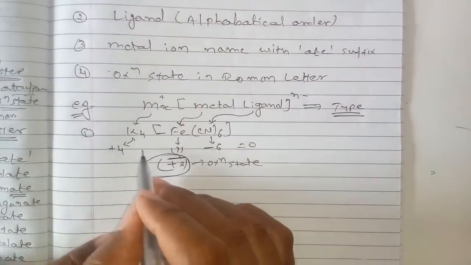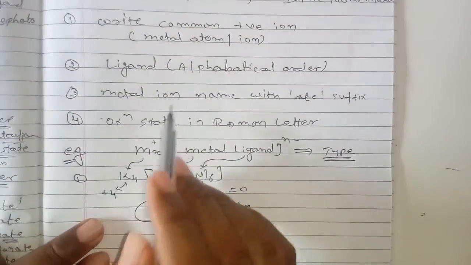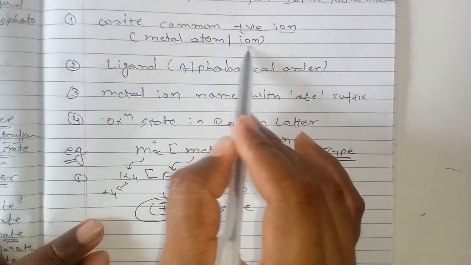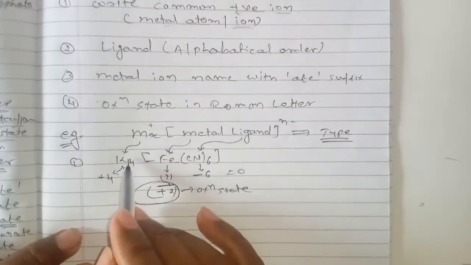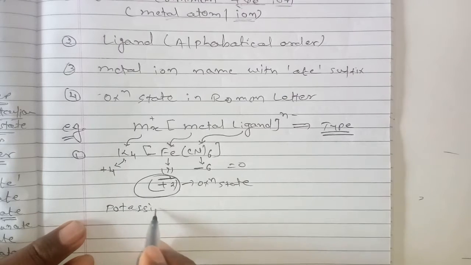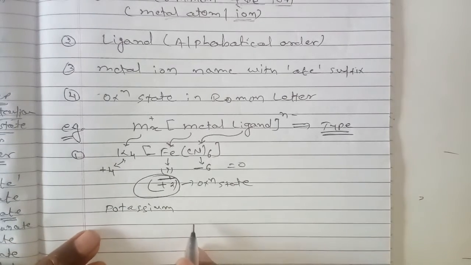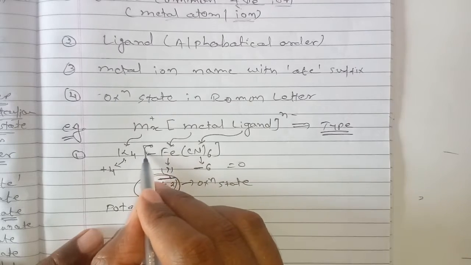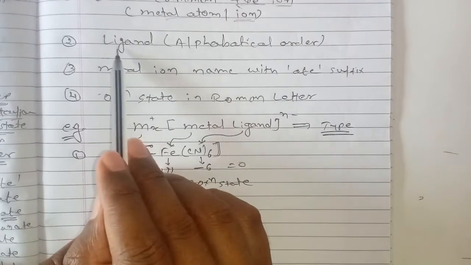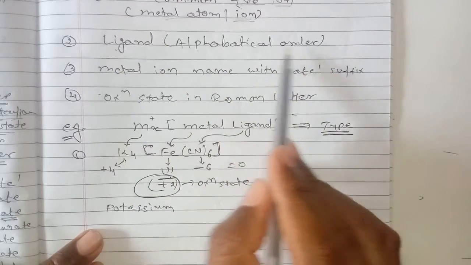Now the name. In the first step, write the common positive ion, that is the metal atom or ion. Here it is K for potassium. And now, in square brackets, the ligand name. The second step is ligands in alphabetical order.